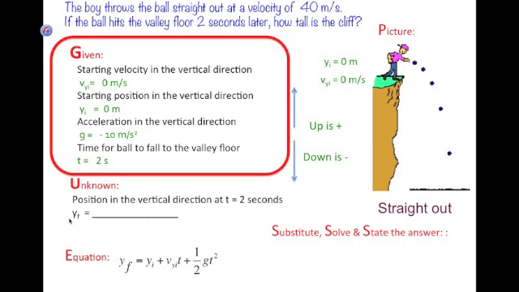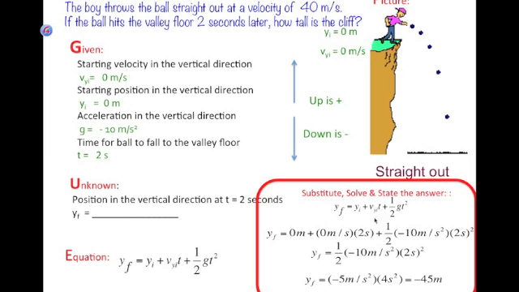And I'm looking for the position in the vertical direction at t equals 2 seconds. This equation is the one that's going to help me, and as when we've used it before, this is 0 and this is 0, so essentially I'm just dealing with the final position is 1/2 gt squared.